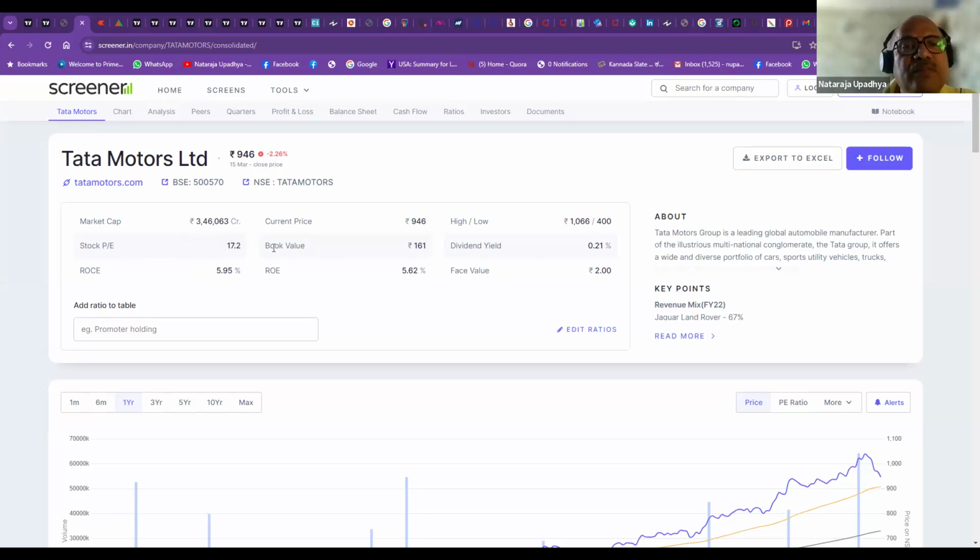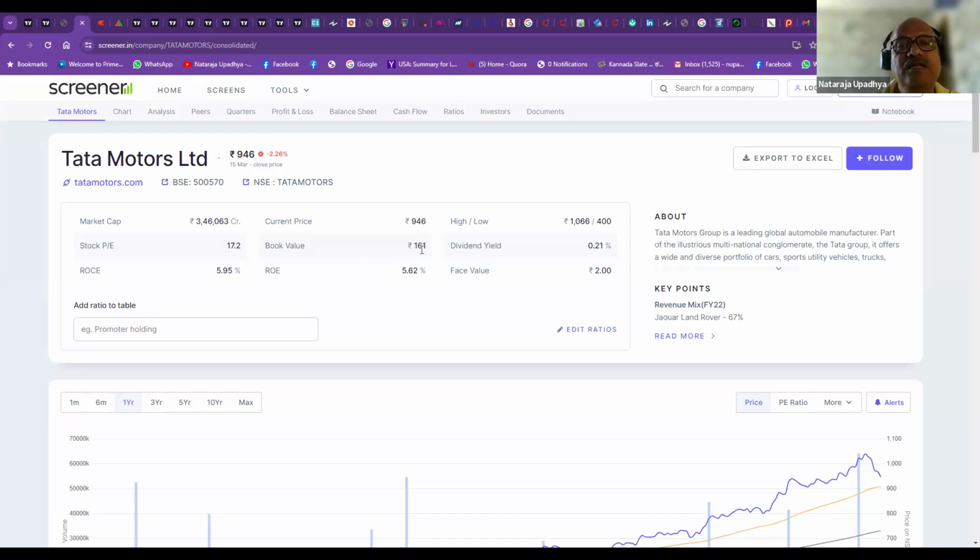It's useful to know. Then book value is that if we today disassemble or sell the company, from an accounting standard, the company is worth 161 rupees per share. But in the market, it is 946 rupees because of various reasons: its growth projections, its income and profit projections, its brand value, its management maturity, all that is built into this.